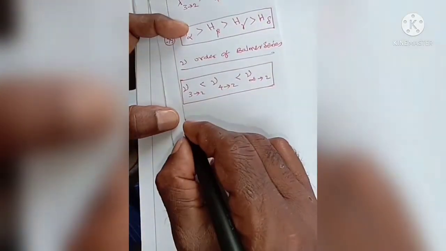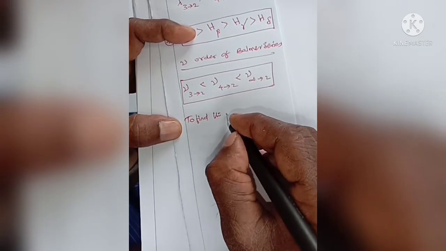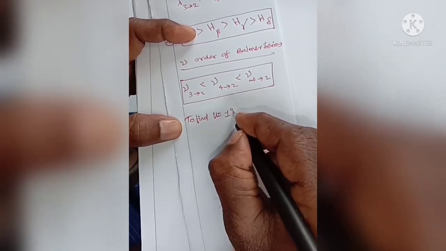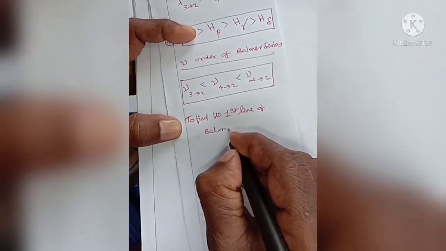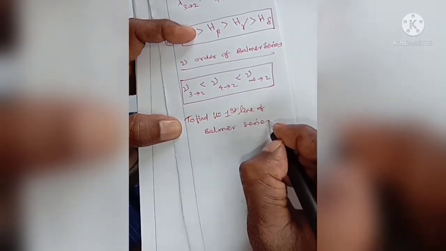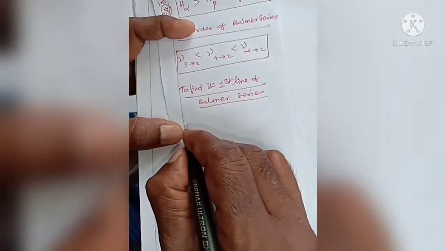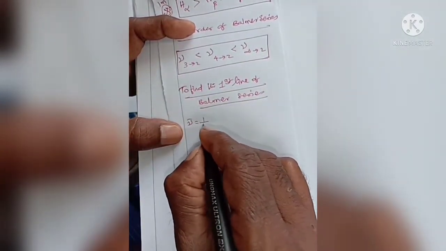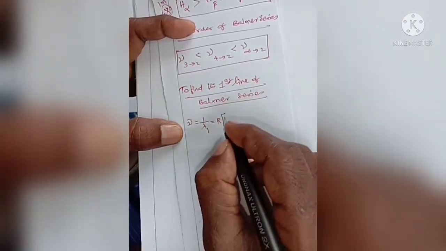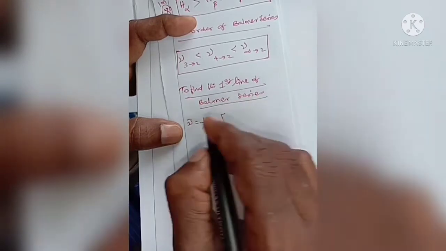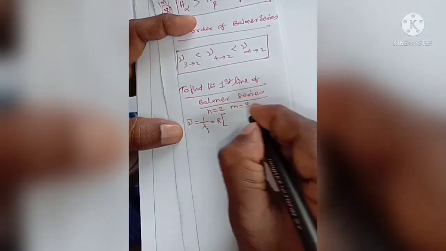Next, to find the first line of Balmer series. The wave number is equal to reciprocal of wavelength, that is Rydberg constant into, what is the first line of Balmer series transition? n is equal to 2 and m is equal to 3.